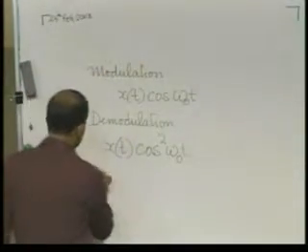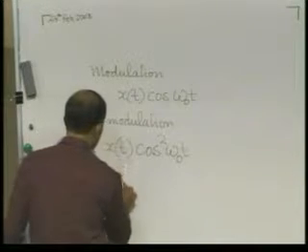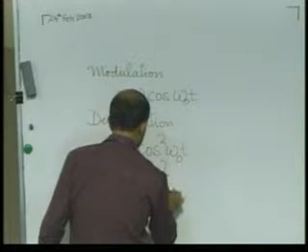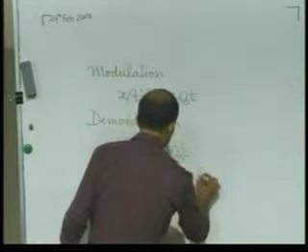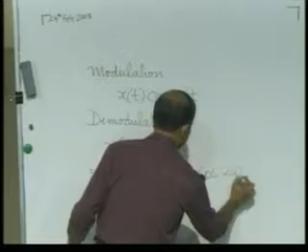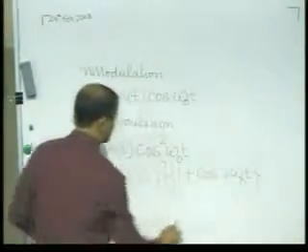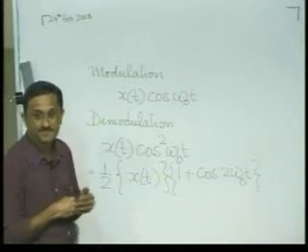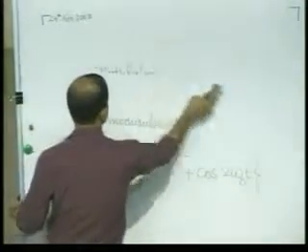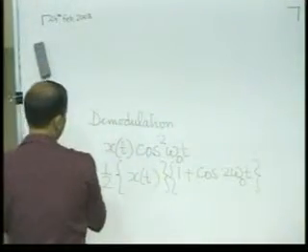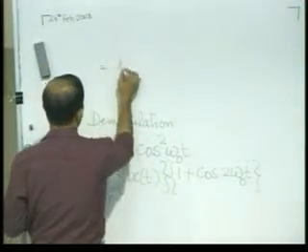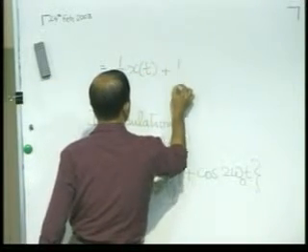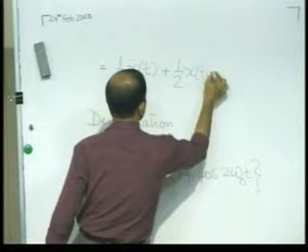Now this can be rewritten as half x(t) into 1 plus cos 2 omega naught t. Is that right? So we may rewrite this as half x(t) plus half x(t) cos 2 omega naught t.